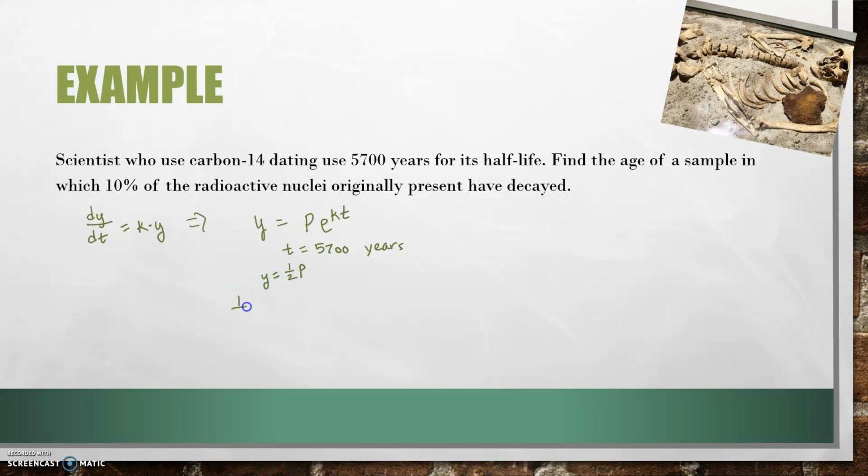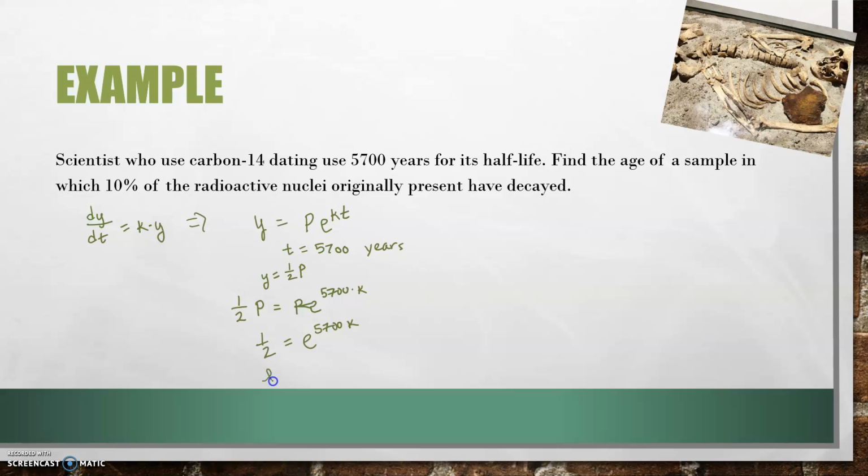So I'm going to rewrite this. So I have 1/2 P equals P e to the 5700 times k. Divide by P, and I get 1/2 is equal to e to the 5700 times k. And we're going to natural log both sides and divide by 5700.